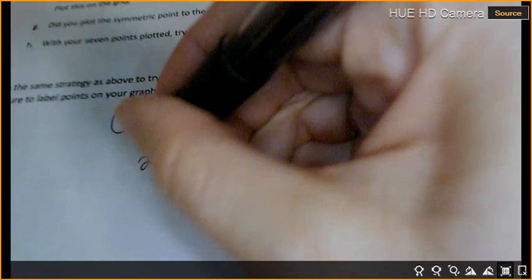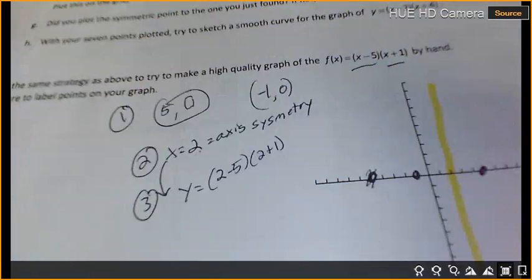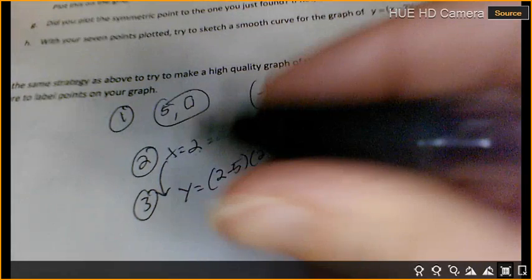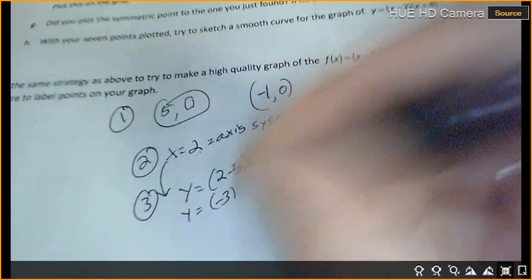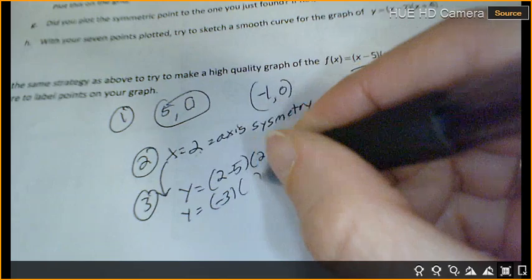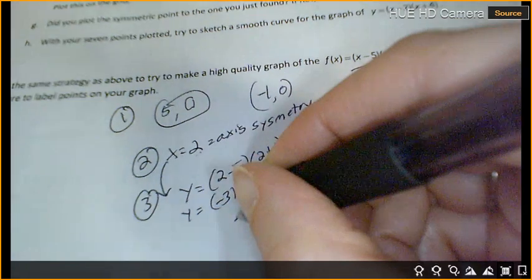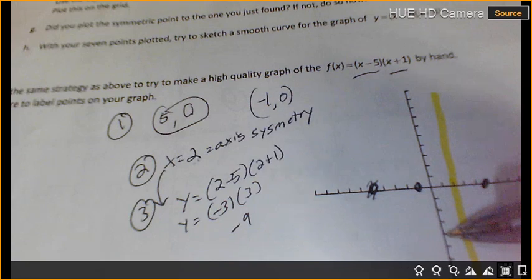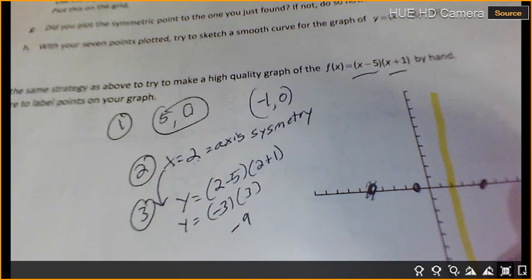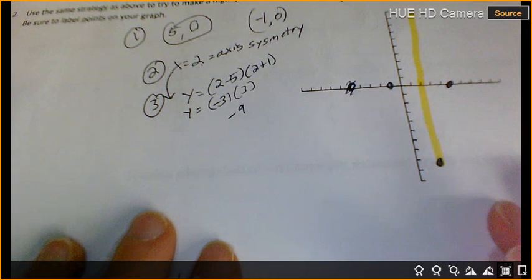Step 2, found the axis of symmetry. Step 3, plug the axis of symmetry into the equation. Okay, 2 minus 5 is? Good. 2 plus 1 is? Negative 3 times 3 is? Negative 9. So I go 1, 2, 3, 4, 5, 6, 7, 8, 9 on that yellow line. You guys see? Trying to make it big enough so everybody can see.